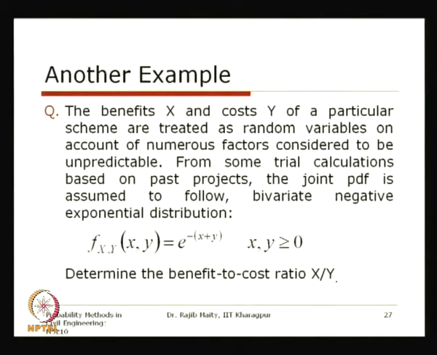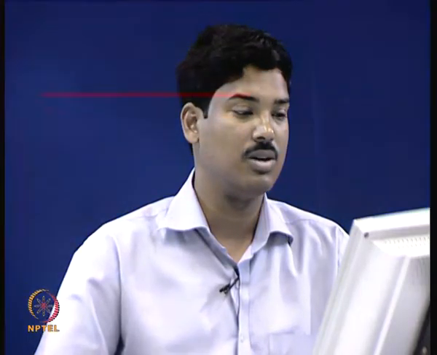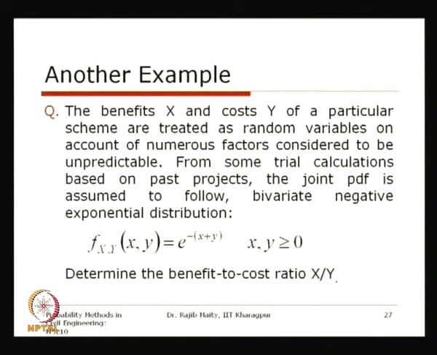Now, let us take one problem where the random variables are continuous and we know their joint distribution, and we want to know the distribution of another random variable which is a function of the original random variables. One such example is the cost benefit ratio of a civil engineering project. The benefit x and the cost y of a particular scheme are treated as random variables on account of the numerous factors considered to be unpredictable.